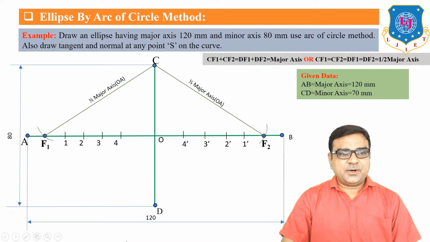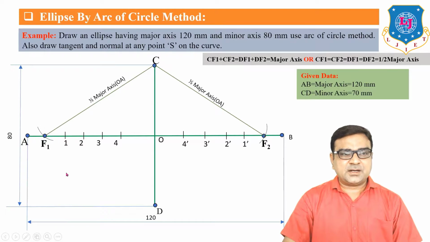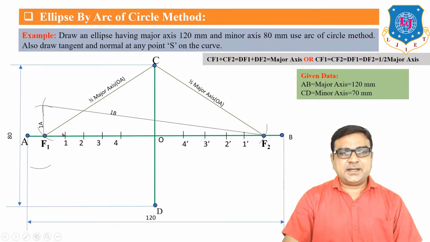Now to obtain a point of the ellipse we have to take A1 as radius and F1 as center, draw an arc on the upper side and lower side, and intersect that arc by taking radius 1B and center F2, on the upper and lower side. So these intersecting points are points of the ellipse.